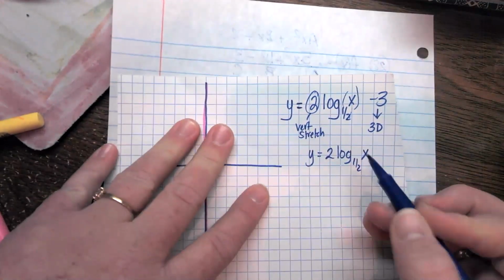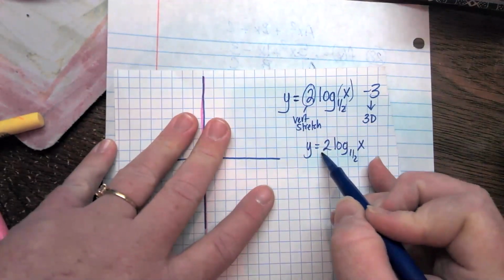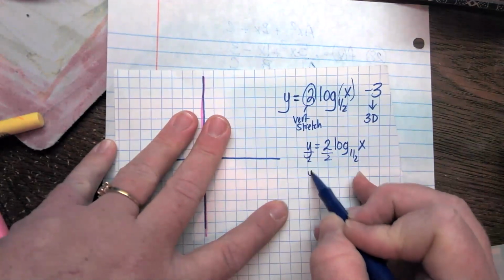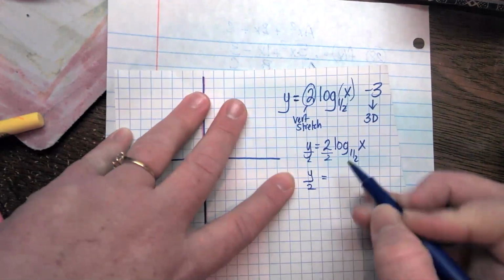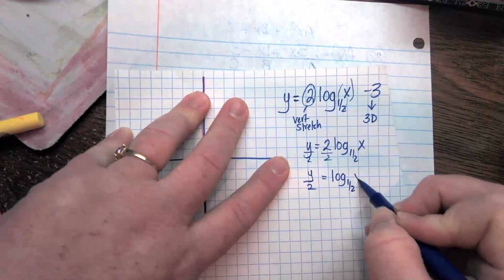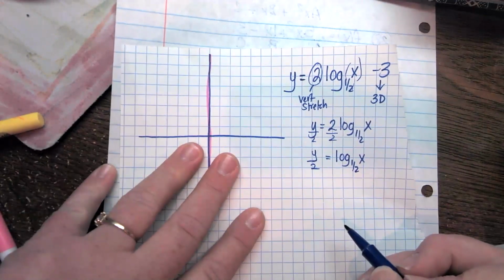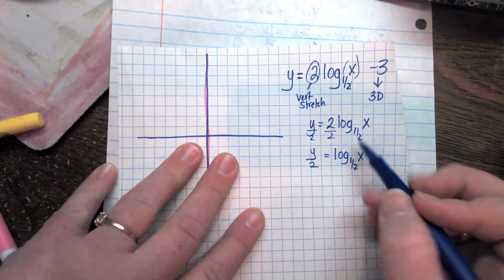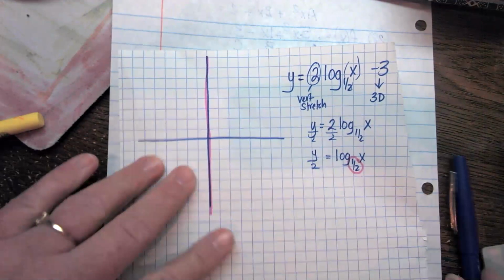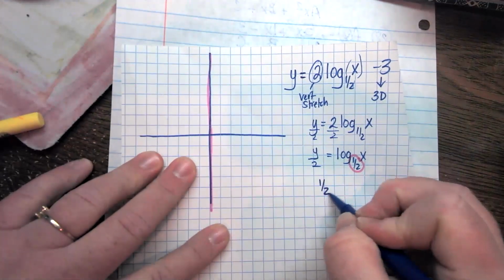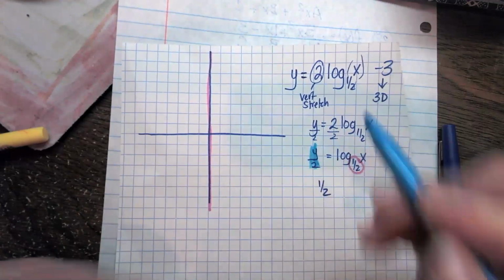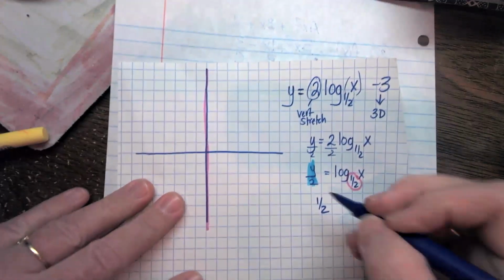In writing this in exponent form, the first thing I would do is take each side and divide by 2. So this is y over 2. Now let's write it as an exponent. 1/2 to the y over 2 power.